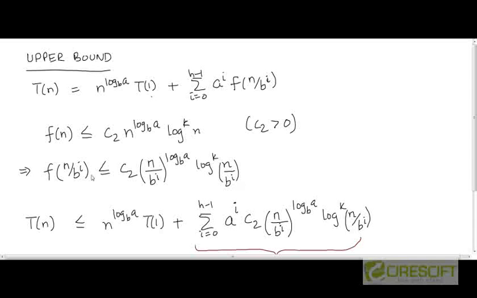So we get this inequality by a simple substitution of n divided by b to the power i for n.